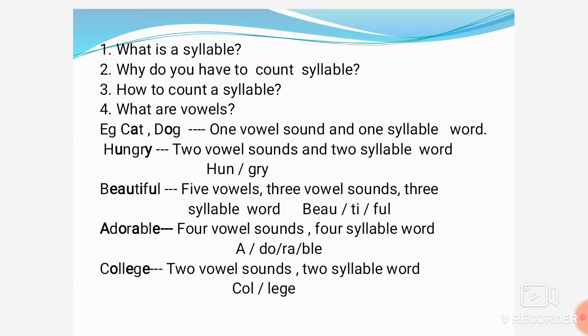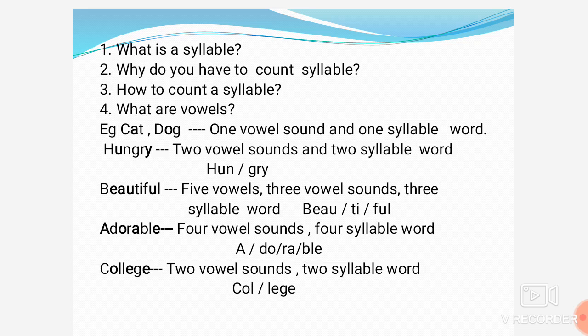Let's take the word hungry. Hungry has got one vowel, but it has got two vowel sounds. Do you know how? The letter Y ends with the vowel sound E. Hungry.